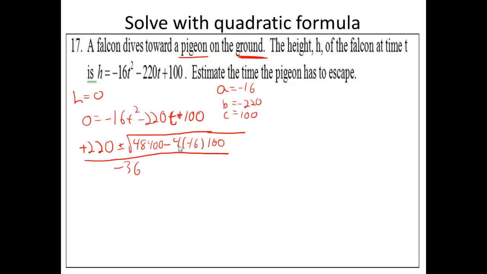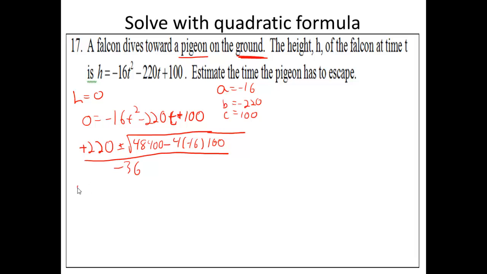So as we simplify this, we have 4 times 16 is 64 times 100. We're going to have a negative 6,400, but we're subtracting that, so we're actually adding it. So underneath the square root sign, we're going to have 54,800.